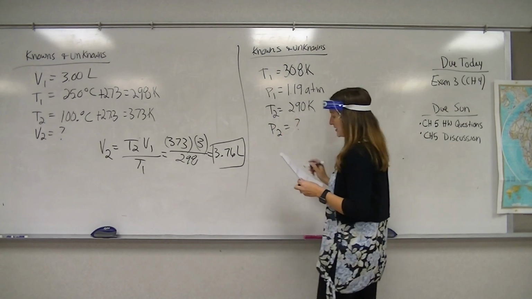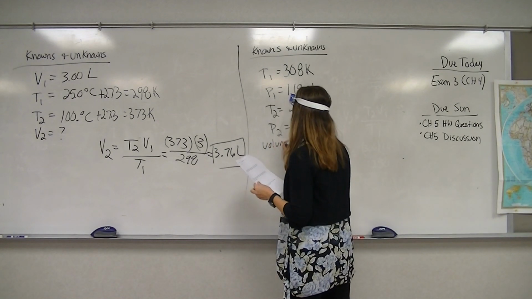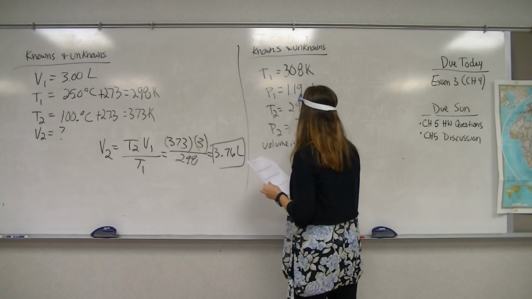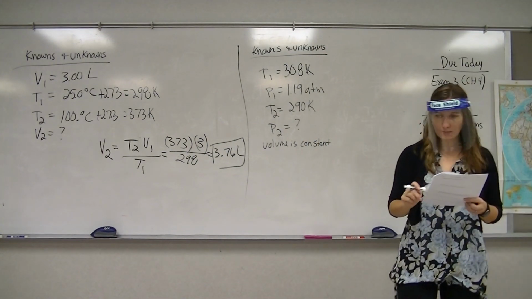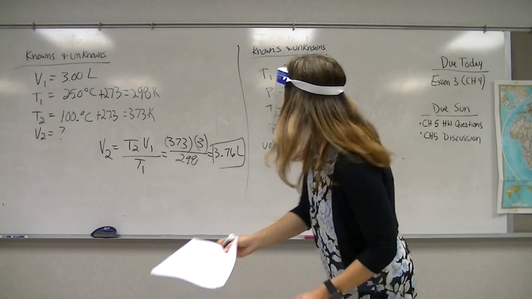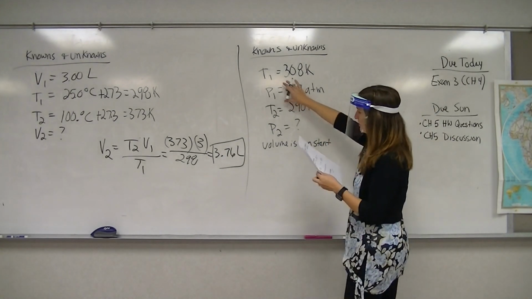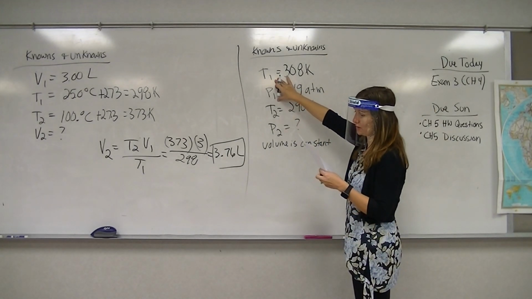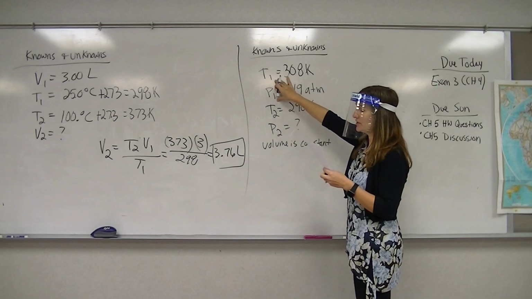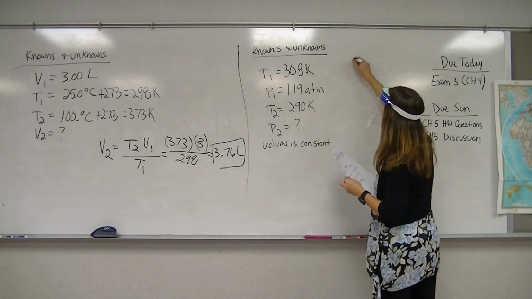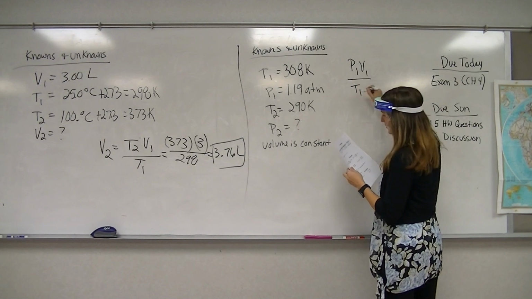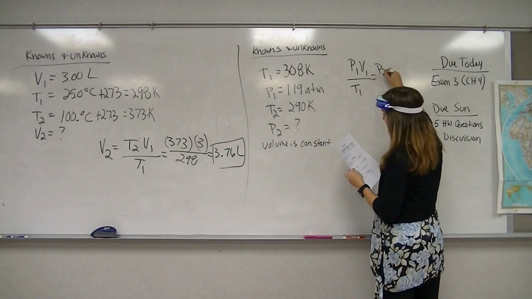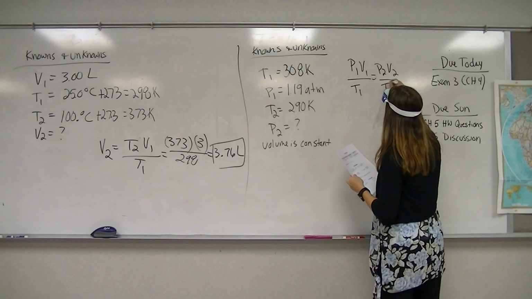Now in this one, it says volume is constant. So what that means is you don't need the volume. Looking at my equations, I need an equation that has temperature and pressure. The only equation that has both is the combined gas law. That's P1 V1 over T1 is equal to P2 V2 over T2.